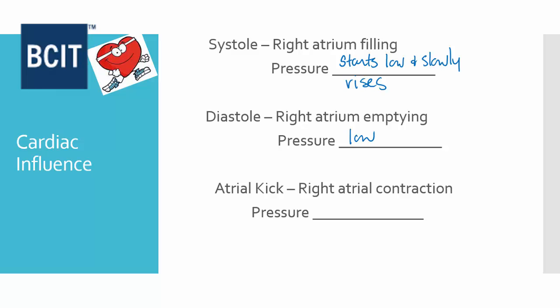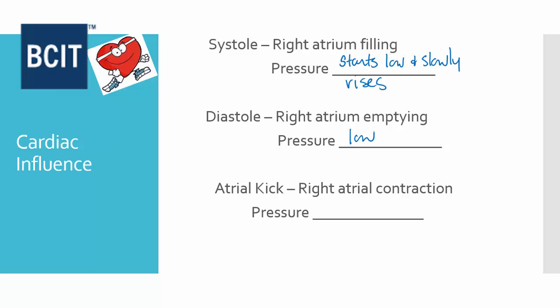So during diastole, right atrium is emptying and the pressure is extremely low. The gateways are open. So blood is continually filling into that right atrium. So we have this forward motion of blood during systole and diastole.